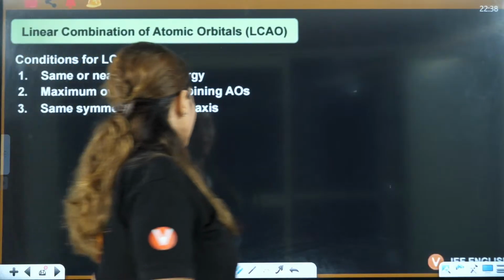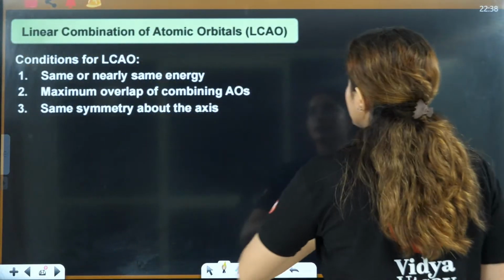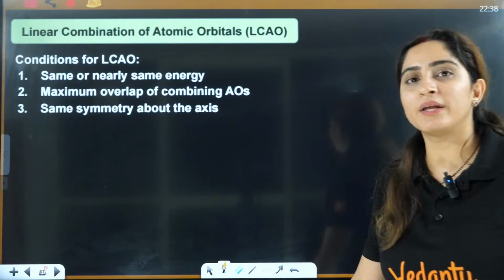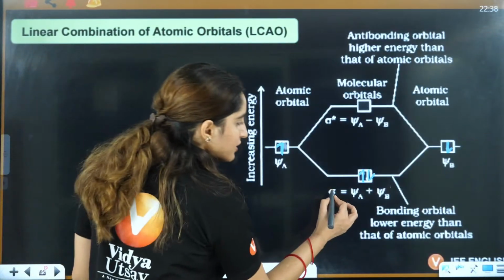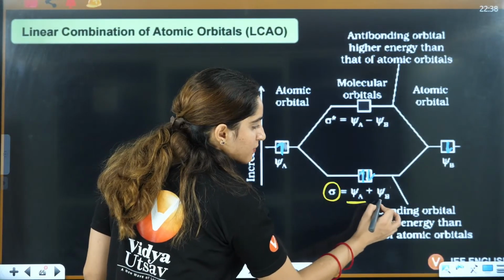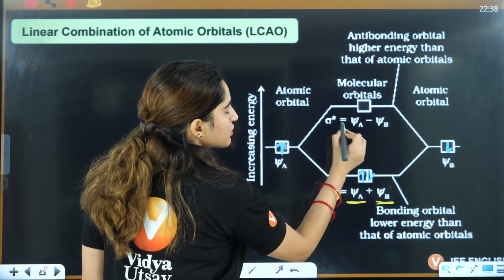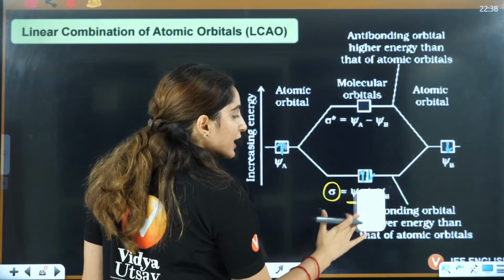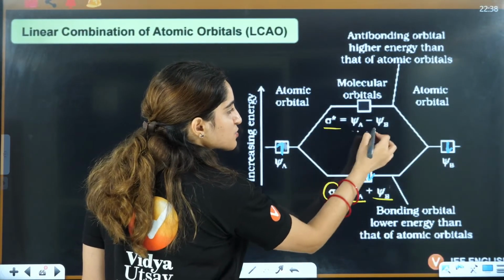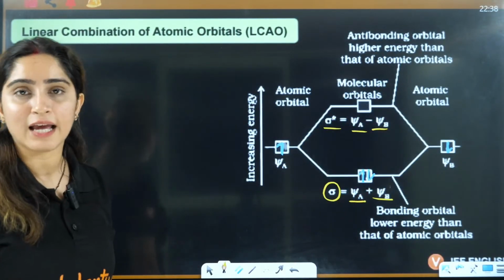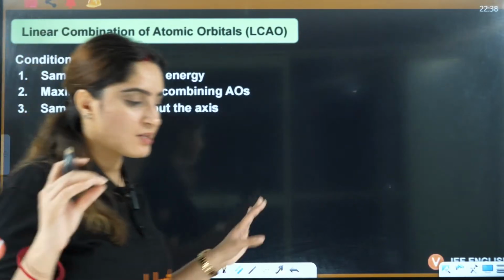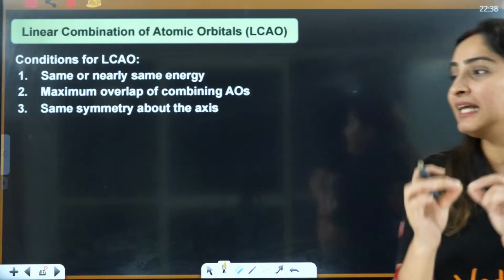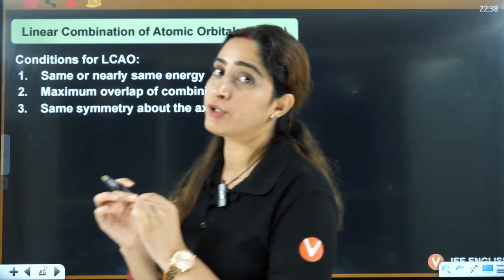Now let's see the condition for this linear combination of atomic orbitals. As you can see, this I am representing by psi A plus psi B, and this is represented by psi A minus psi B. So what is exactly this? This concept is called linear combination of atomic orbitals.